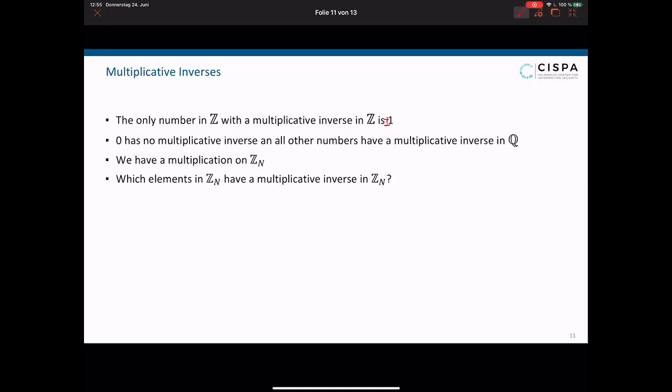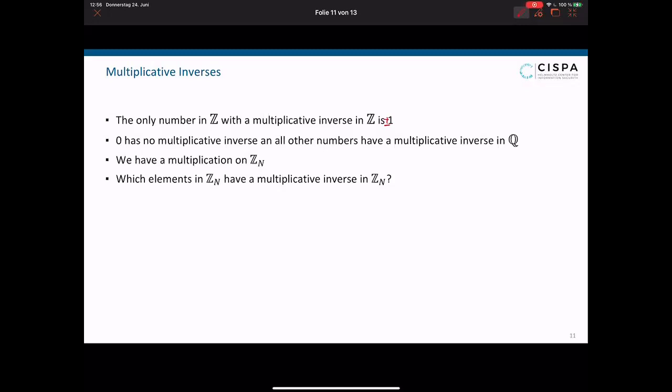So good. That is the multiplicative structure of Z and Q, which is simple, but now we have this new structure Zn. We can do additions and multiplications on Zn. And we may ask, just as I asked right now, which elements in Zn have multiplicative inverses in Zn?